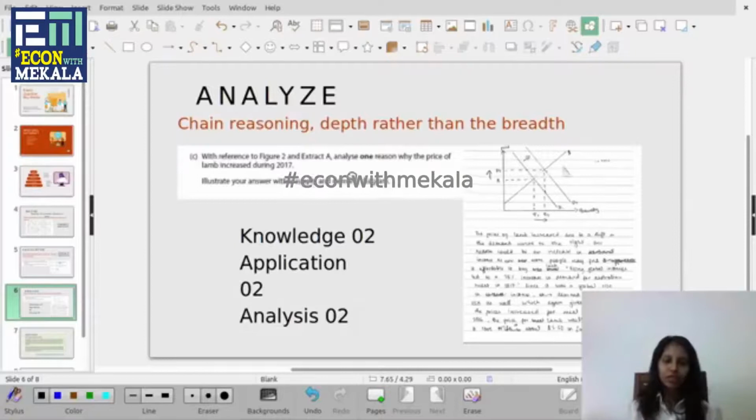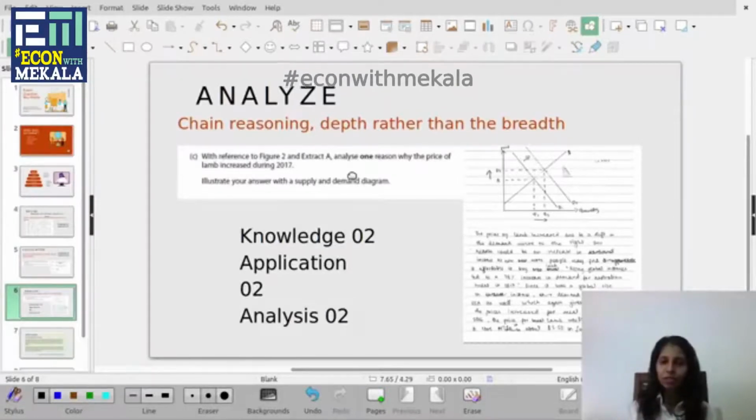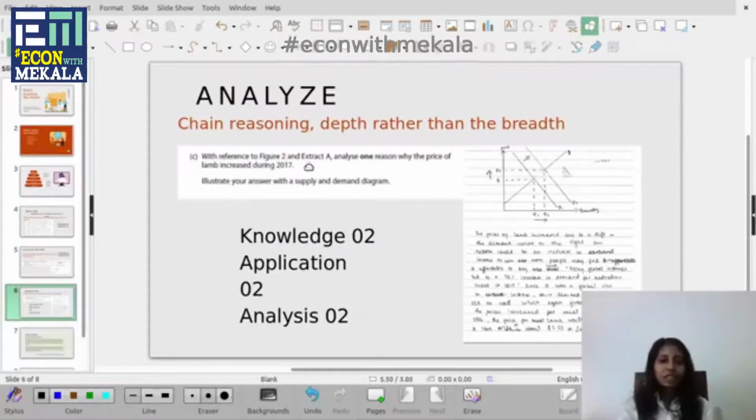So definitely this question should have included some tables which indicate some numeric values for you to do some calculation on your own and think about how you can apply that to the question. So you have to refer to the figures and the extract, that is mostly the paragraph.